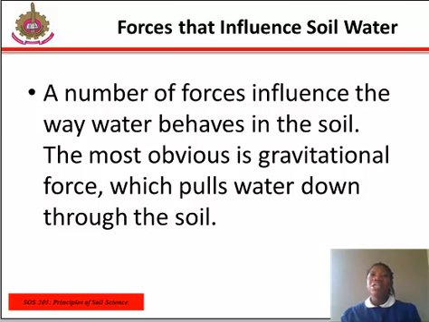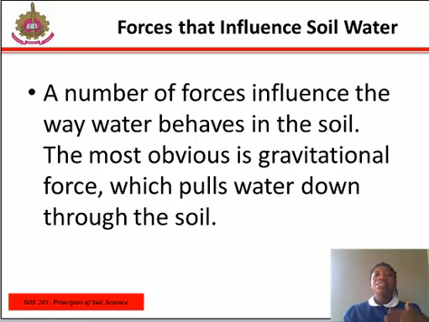The water molecule is like a bar magnet, positive on one end and negative on the other end, and the opposite ends of water molecules attract. The bond between the hydrogen of one water molecule and the oxygen of another is called a hydrogen bond, which accounts for cohesion. The hydrogen bond also accounts for adhesion.